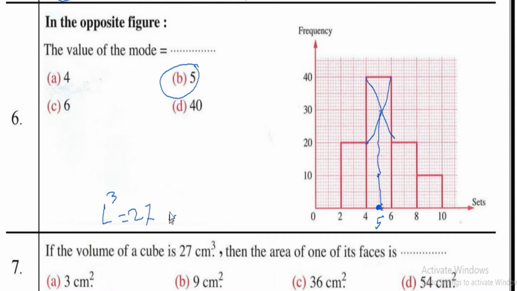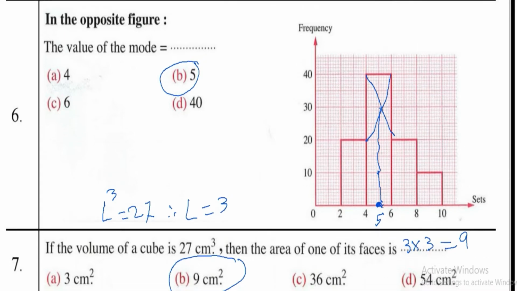Take the cubic root: L equals 3. الاريا of one face: side by side, 3 by 3 equals 9 square centimeter. الاريا of its faces, all faces: the cube has 6 faces, 6 L square.